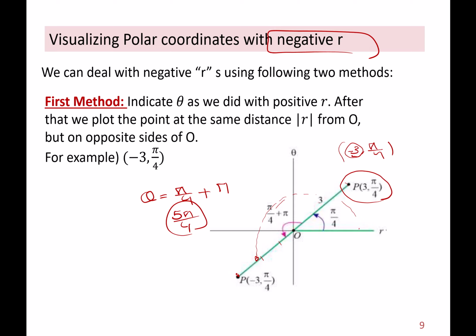This is -3 and pi over 4. So this is 3 and pi over 4, in the opposite direction, it will be -3 and pi over 4. It is very simple, just focus on how we should do it.